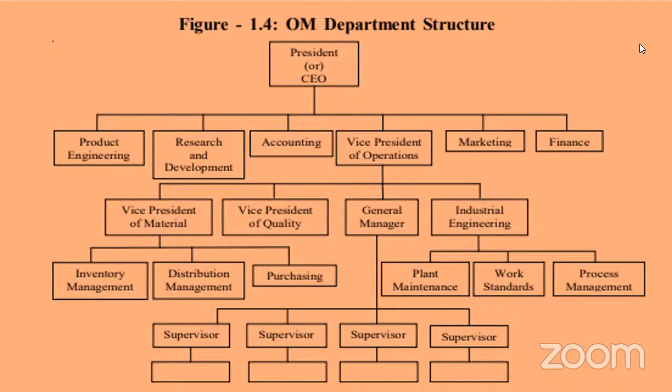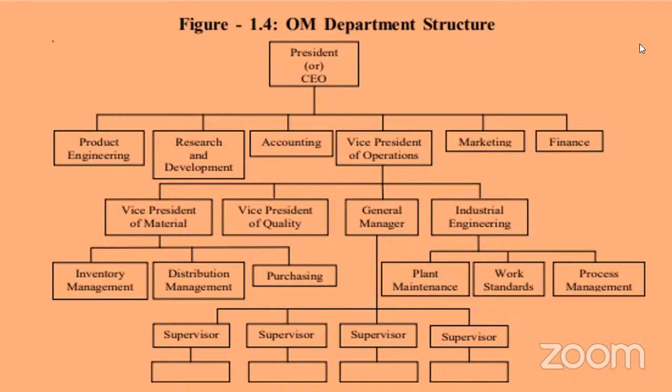Under the Vice President of Operations, we have the Vice President of Materials, Vice President of Quality, general manager, and industrial engineering, who report to the Vice President of Operations. Under the Vice President of Materials, we have inventory management, distribution management, and purchases.